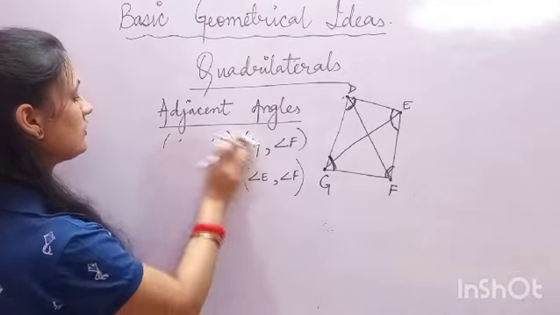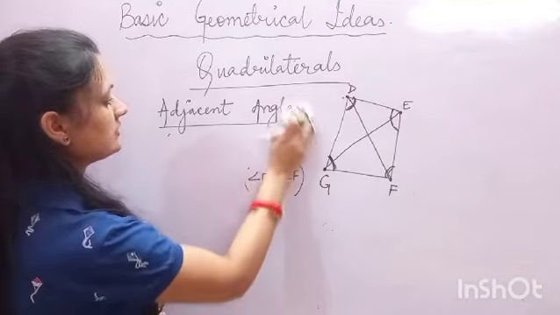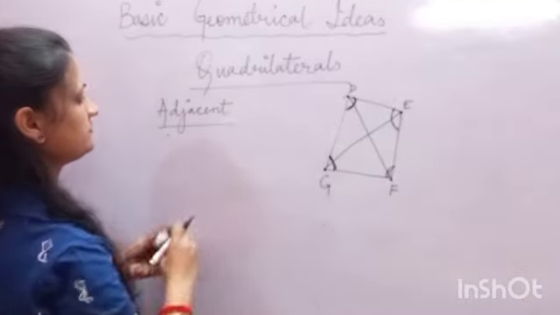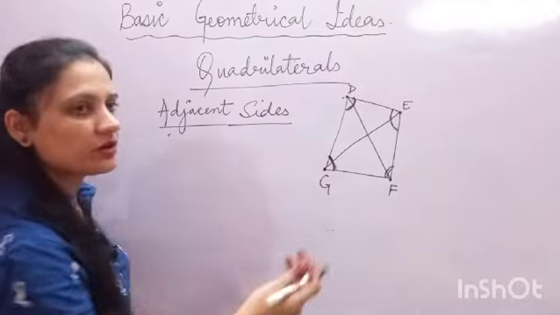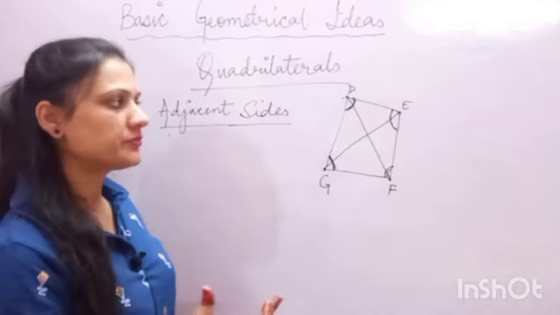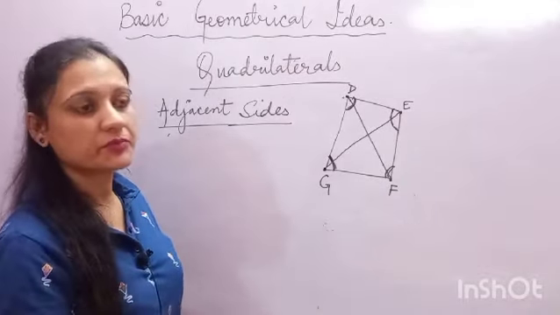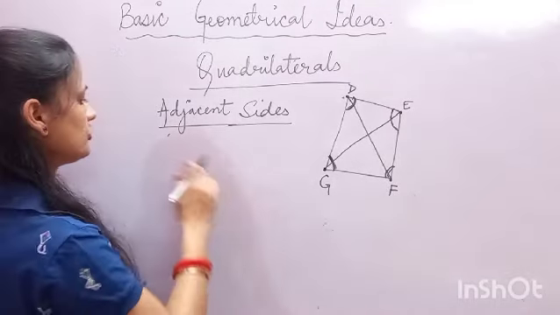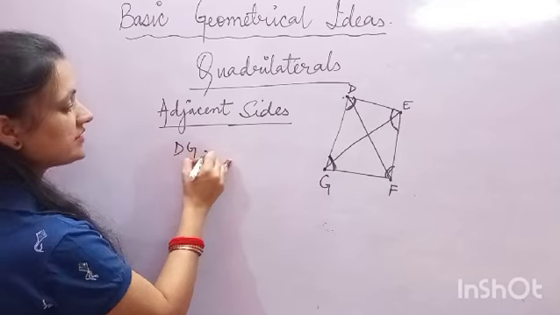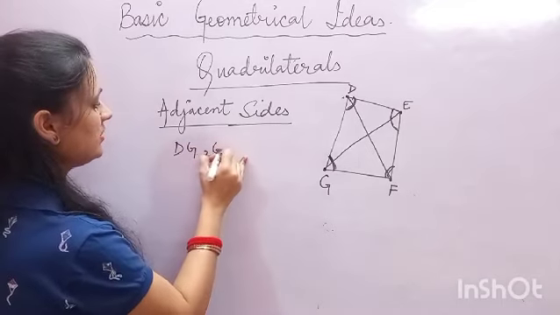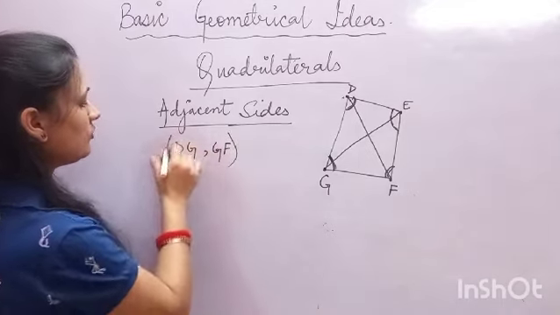Now let us talk about adjacent sides. Because they can ask you, name the pair of adjacent angles, name the pair of adjacent sides, name the pair of opposite sides. So you should be knowing this. Now adjacent side, DG is adjacent to GF, right? Why are they adjacent?